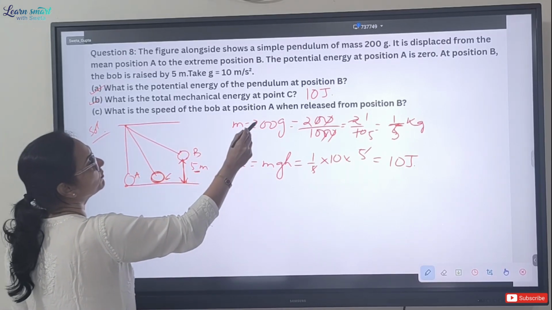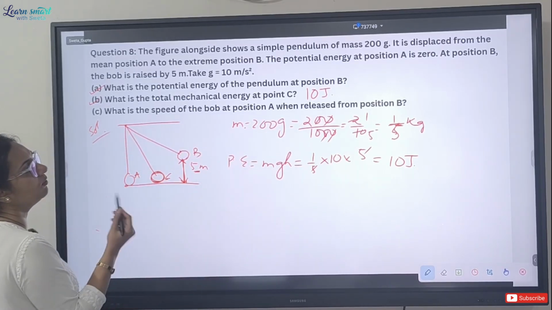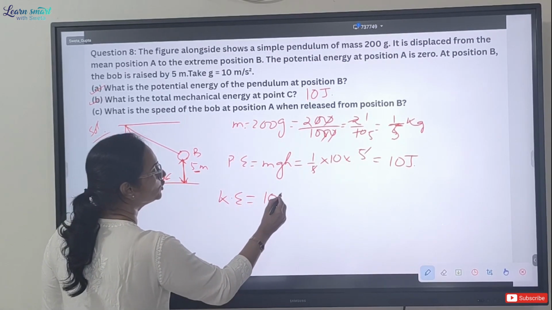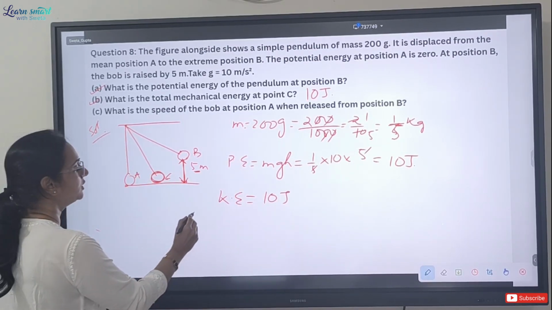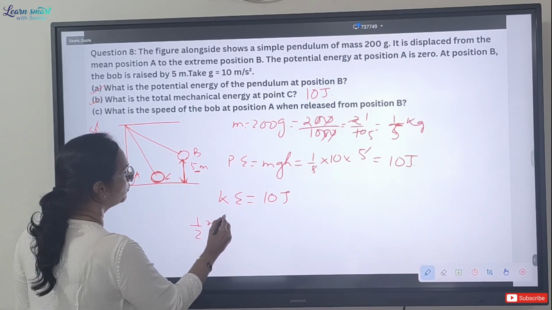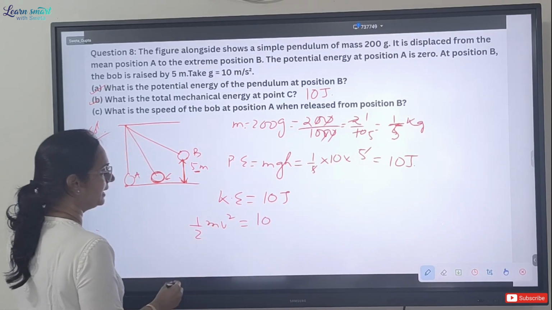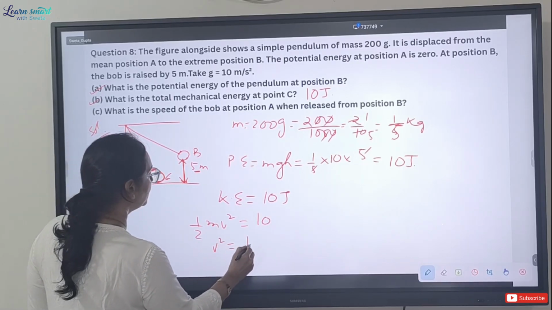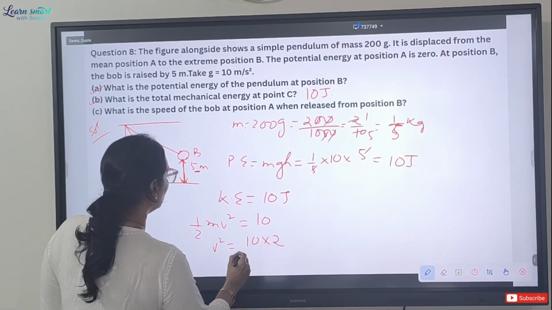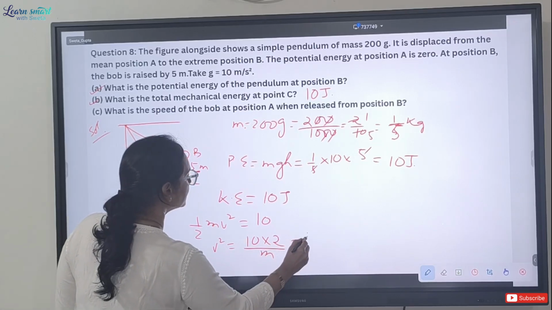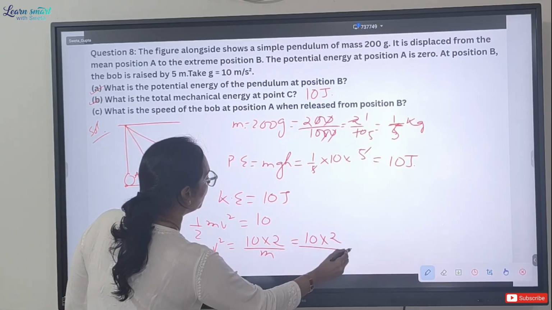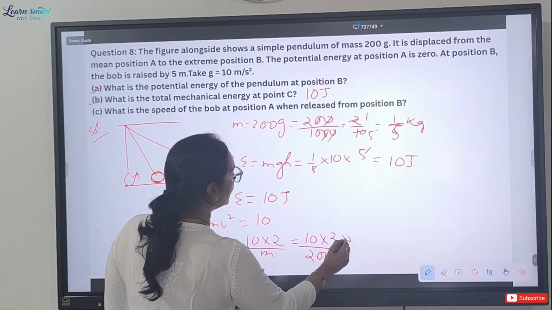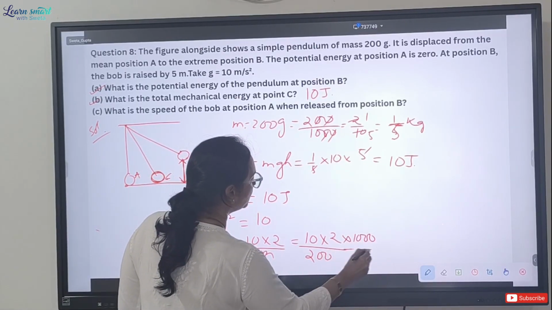And what is the speed of the bob at position A? When it comes to A, what is the speed? Kinetic energy will also be 10 joules, but we have to calculate the speed. So half mv square equals 10, and we have to calculate v square. So v square is equal to 10 into 2 upon m, which is 10 into 2 upon 200, as mass was 200 grams, into 1000 to convert it to kg.